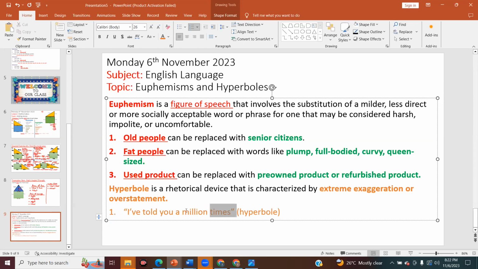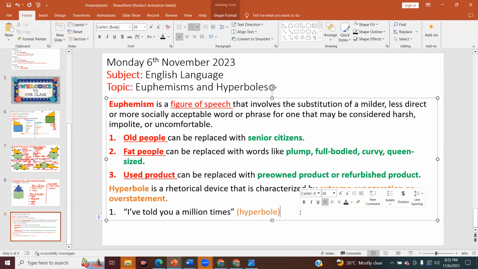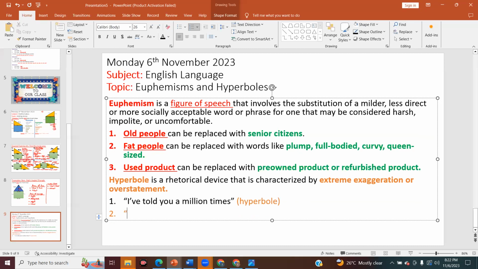The car costs an arm and a leg. Very good. That's a good one. The next one: the bag weighs a ton. Very good. My Air Force is worth a million dollars. Okay, good. Go ahead, Jevin.